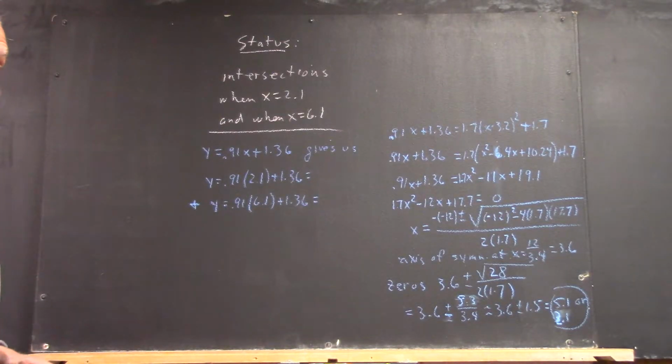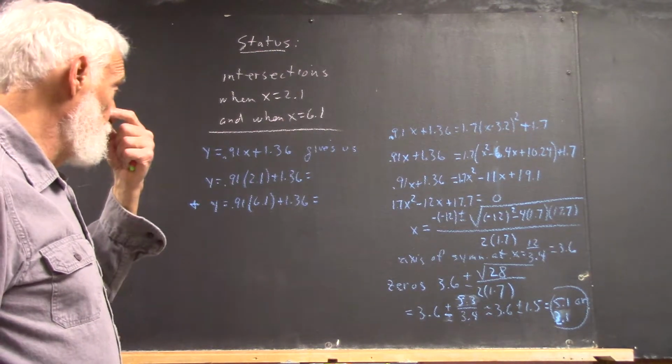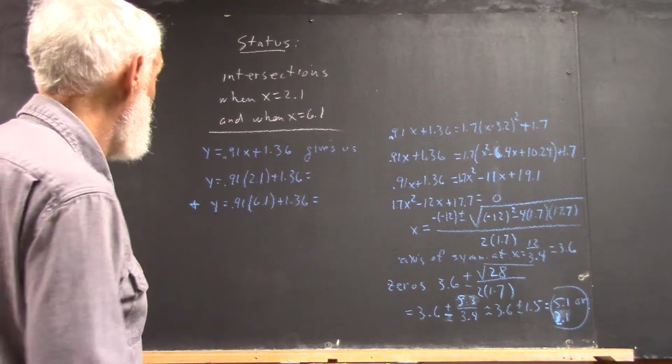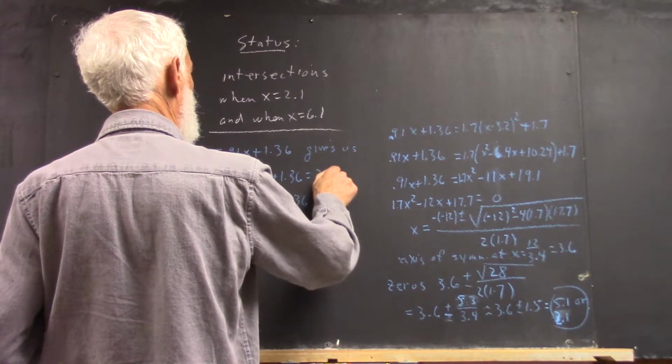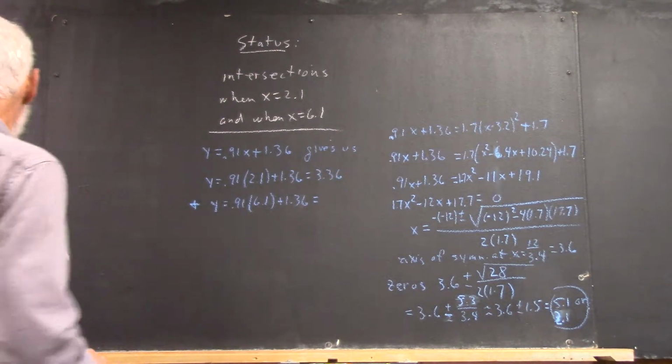Okay? 0.91 times 2.1 is pretty close to 2, so that would be like 3.36.